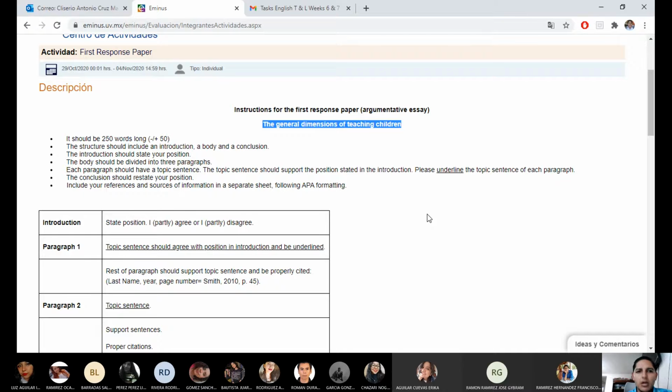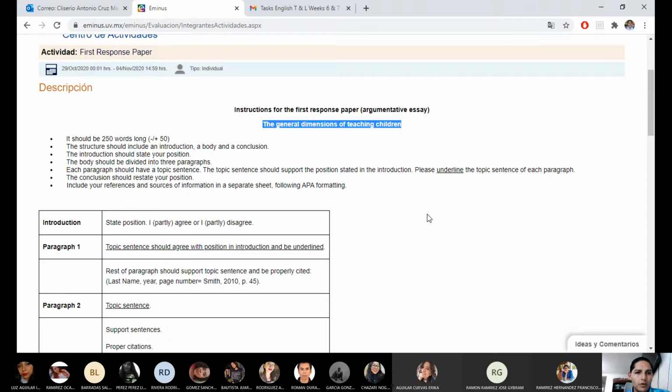Each of them should have a topic sentence. The topic sentence has already been explored in your previous courses, so you already know what a topic sentence is. Each topic sentence should support the position stated in the introduction. You need to underline the topic sentence for each paragraph.